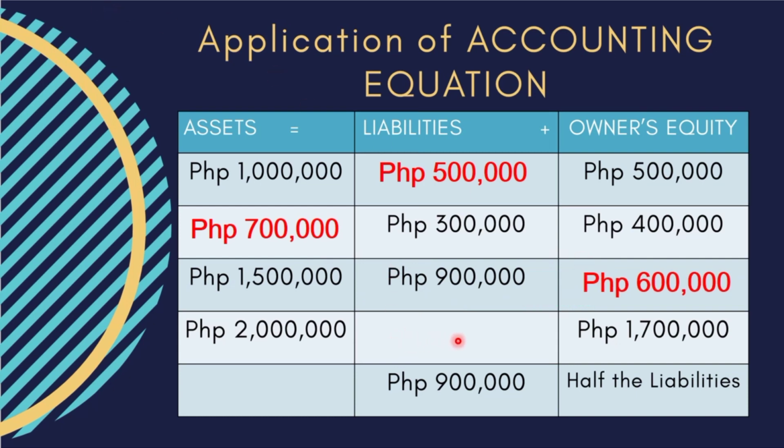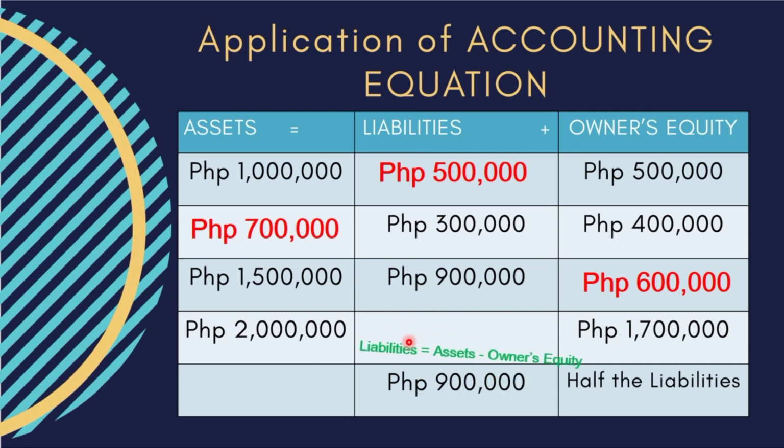On item number 4, the liabilities is unknown, while assets and owner's equity are given respectively. For assets, the value is 2 million, and for owner's equity, the value is 1.7 million. So what accounting equation will we use?